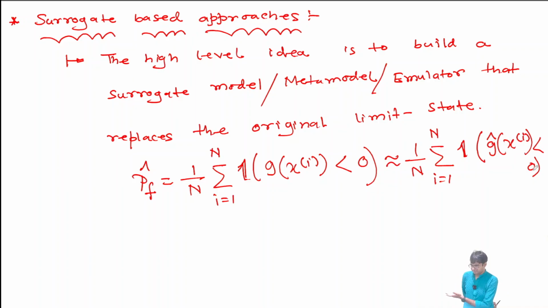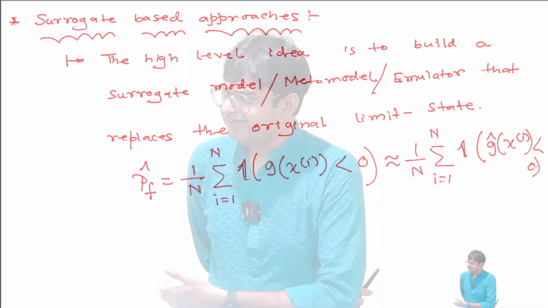Yes, you can. But if this g hat is really fast, why should you do that when you know sampling based approaches are more accurate? So there is no point in running FORM and SORM over this g hat, but in practice you can. No one will stop you. And if needed, you can always resort to that.